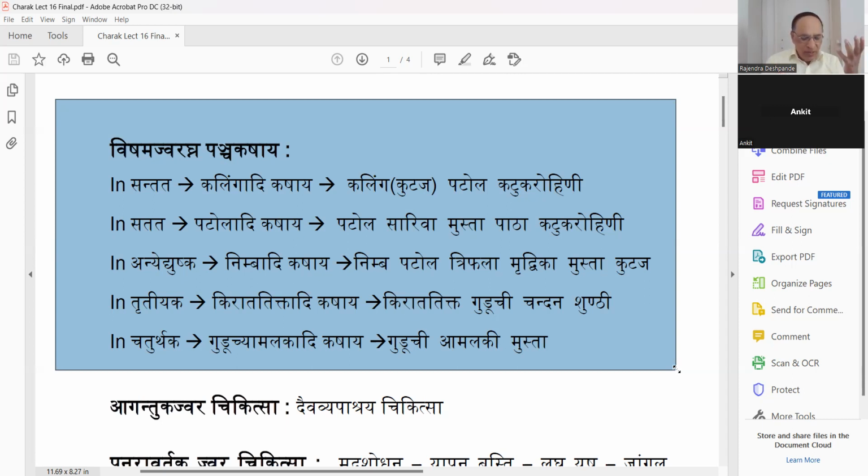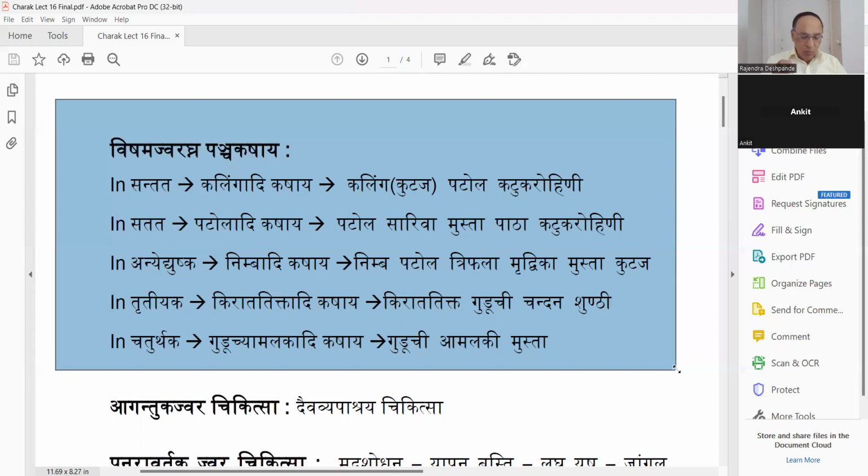Kalingaka patolasya patram katurohini. Kalingaka patolasyam patram katukarohini. Patolaha sariva mustam patha katukarohini. Patolaha sariva mustam patha katukarohini. Nimbaha patolastrifala murdvika mustavatsako. Nimbaha patolastrifala murdvika mustavatsako.